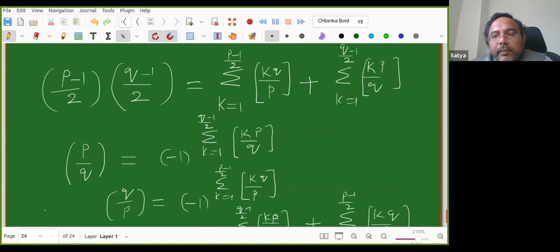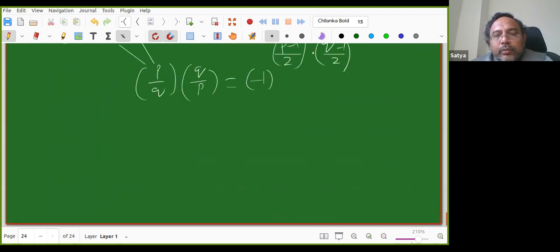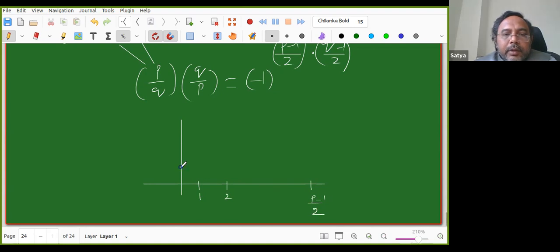So Eisenstein's lemma simplified the proof, okay? And further, not only that, he proved those two are equal geometrically. What he did is he took the points here: 1, 2, up to (p-1)/2, and here 1, 2, up to (q-1)/2.